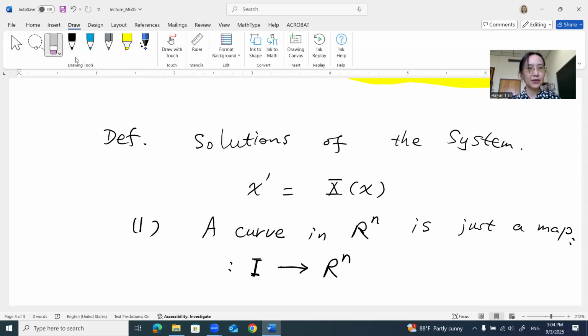We often write alpha as alpha of t. It is defined on a certain interval, for example a time interval, mapping from I to Rn, because alpha is a vector valued function.